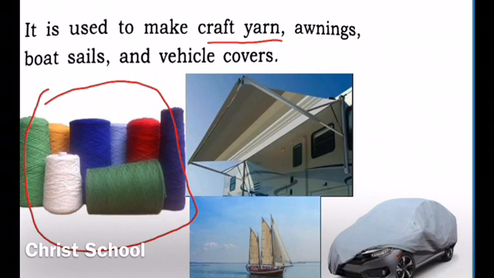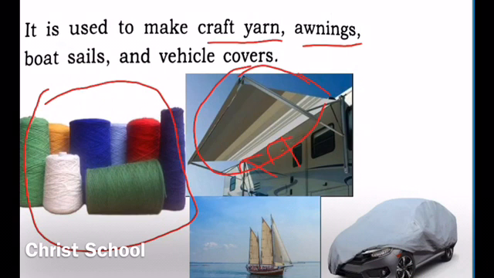Then another use, acrylic can be used for making awnings. This is an awning. It is a protection for houses and buildings. So this awning can be used as protection for the building and house from sun exposure and heat. When you make this awning, it can give protection from overheating from the sun and other exposure.